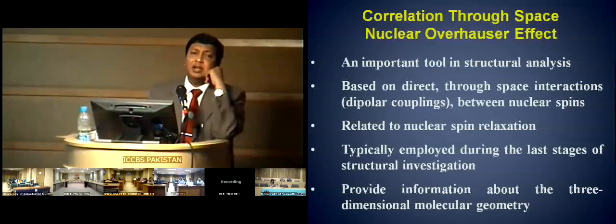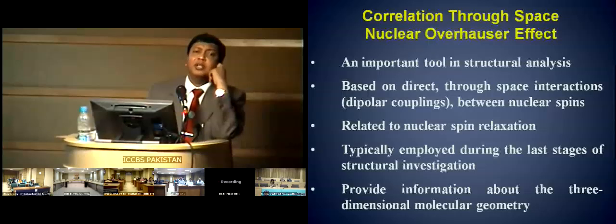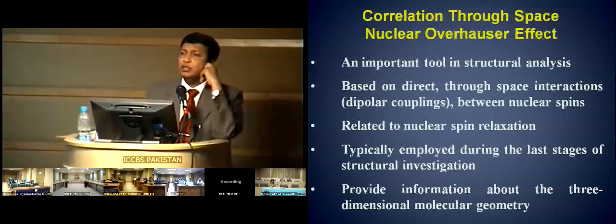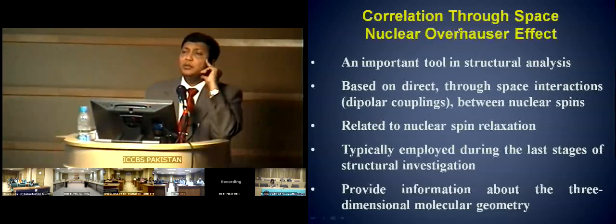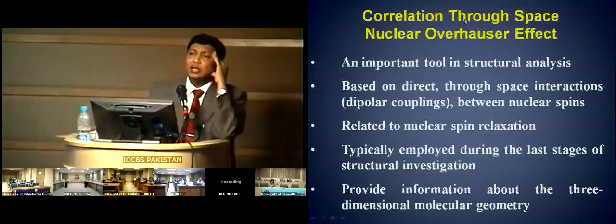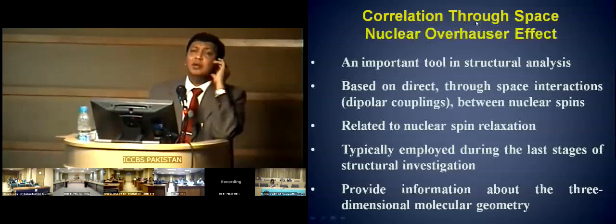Then we learned that attaching a polarization transfer experiment with DEPT, you can also get information about the multiplicity. Then we learned that by using total correlation spectroscopy, you can look into couplings of all protons within a spin system. Then we started learning about inverse NMR spectroscopy.